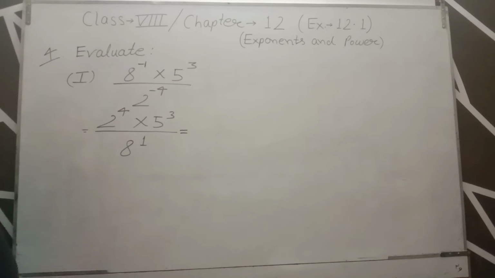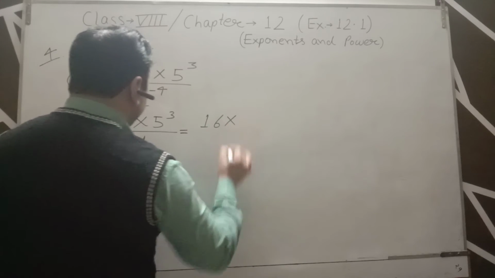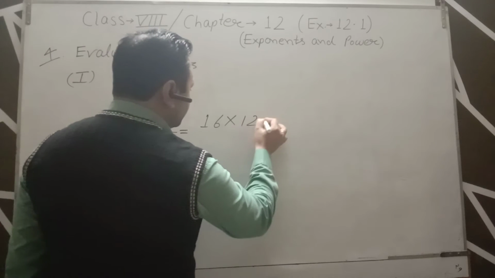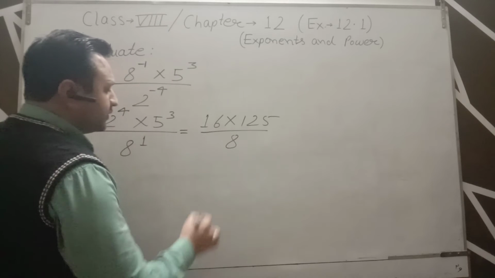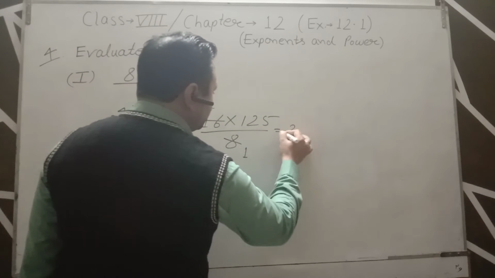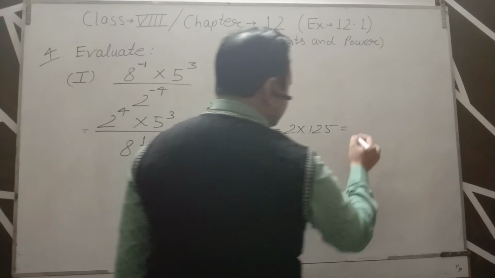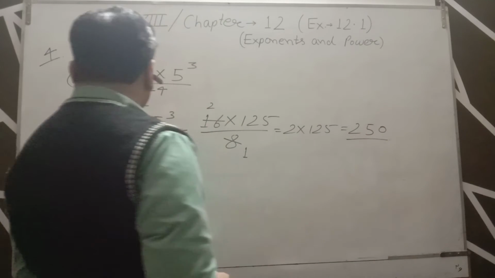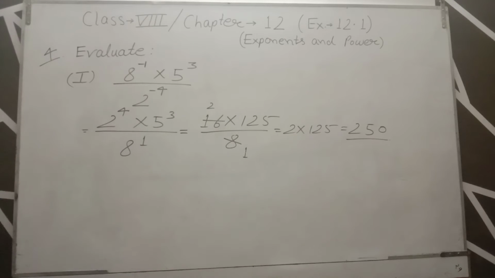Now simplify: 2 raised to the power 4 is 16, multiplied by 5 raised to the power 3, which is 125, and in the denominator 8. 8 ones are 8, 8 twos are 16, so it means 2 multiplied by 125, and the value is 250. So the answer of the first part is 250. Just note it down.